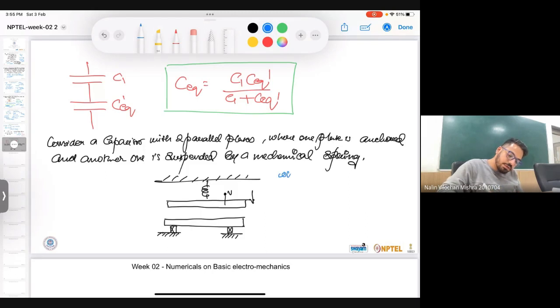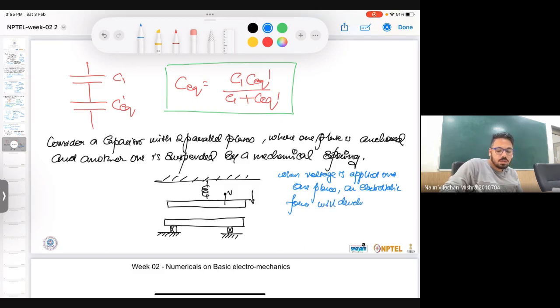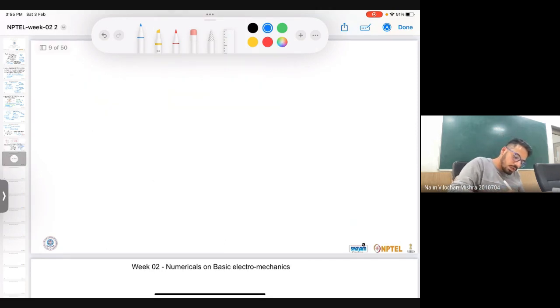So when voltage is applied on one plate and electrostatic force will develop, and it is given as F = du/dx, where u is the electrostatic energy, and we know that it is given as half CV square.